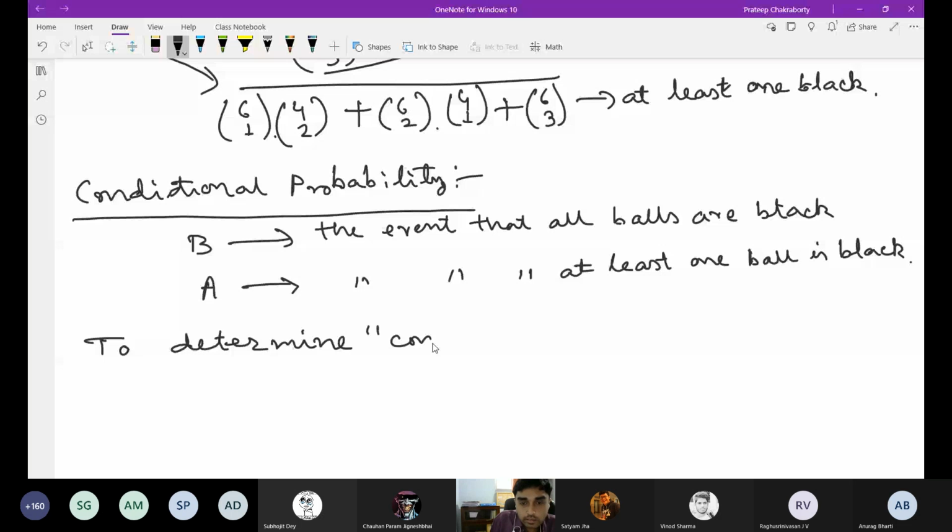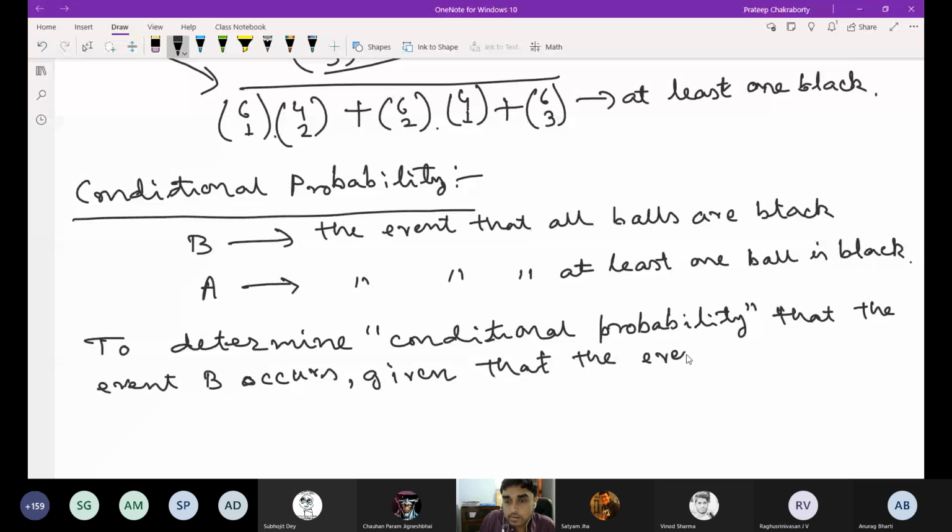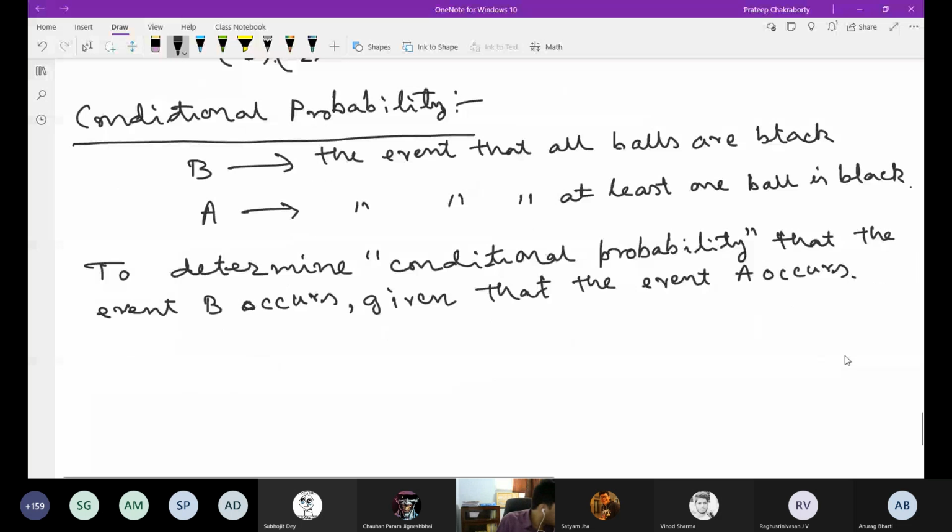Determine the conditional probability that the event B occurs given that the event A occurs. So here, I just write this definition.